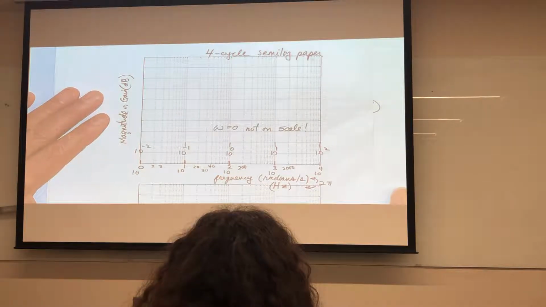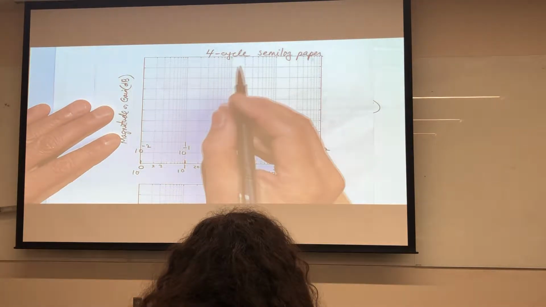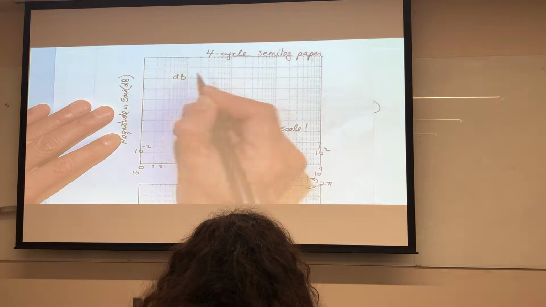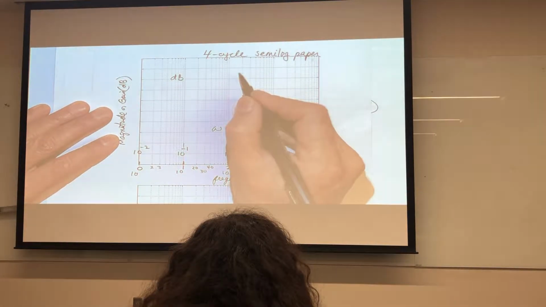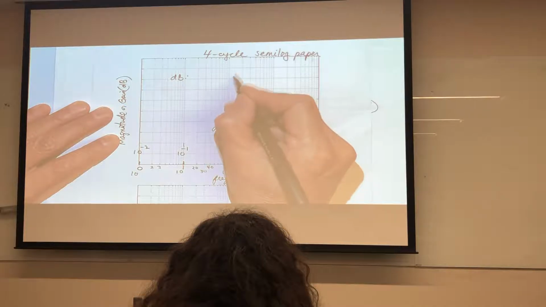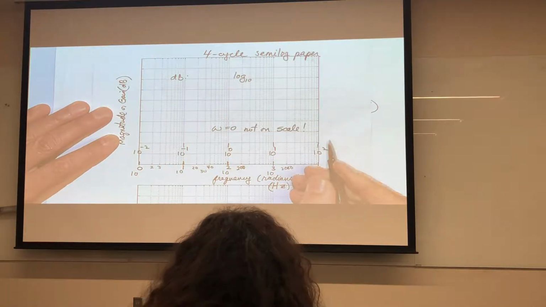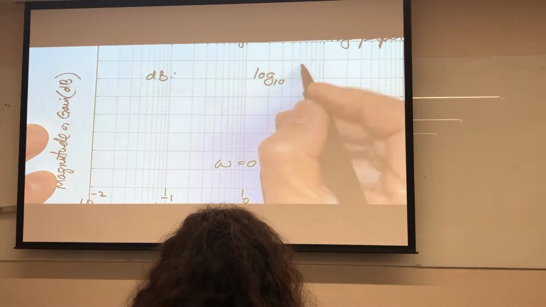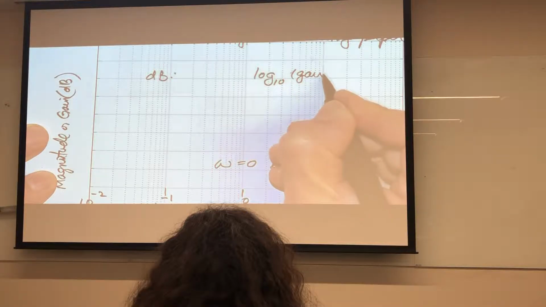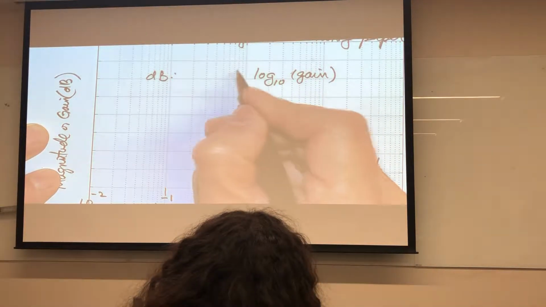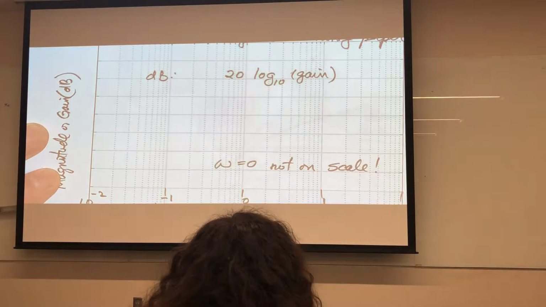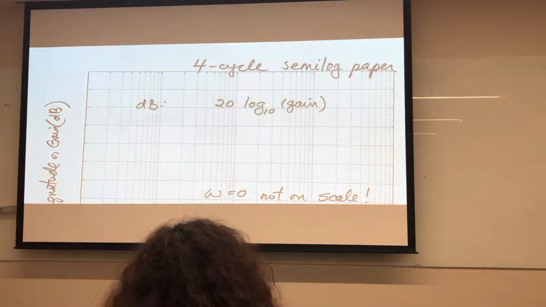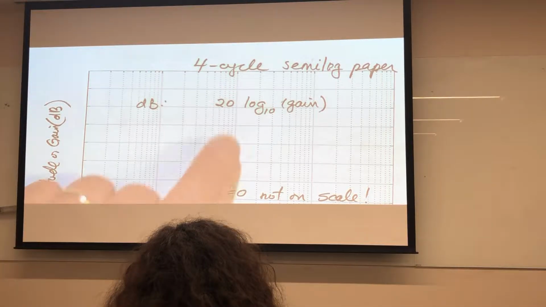All right. Now there's a couple definitions of dB. So one of the definitions is to take the log base 10 of our gain, and then multiply by 20. This is the definition: 20 log gain.